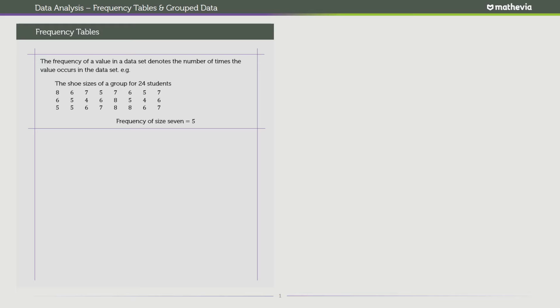Now, frequency tables. Basically, a frequency table is pretty much just a breakdown of the frequency of each value in the data set. So we're looking at the data set we had from previously, showing the shoe sizes for a group of 24 students, and we've been asked to construct the frequency table to show the distribution.